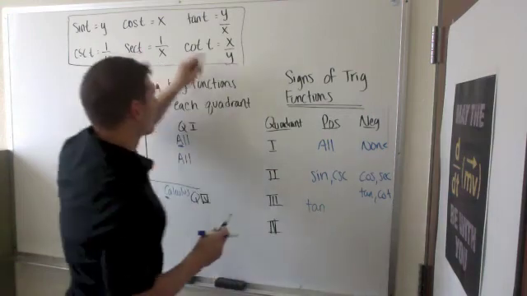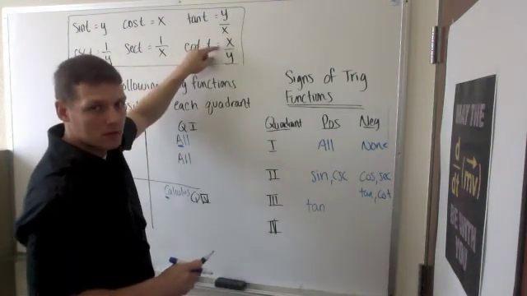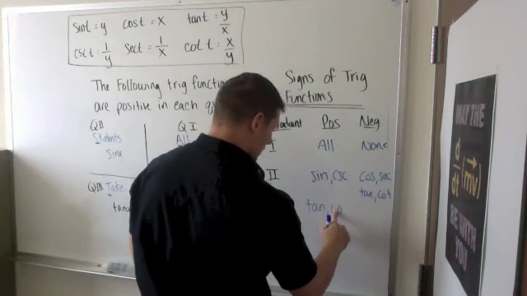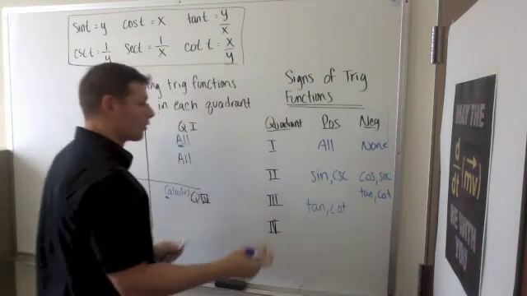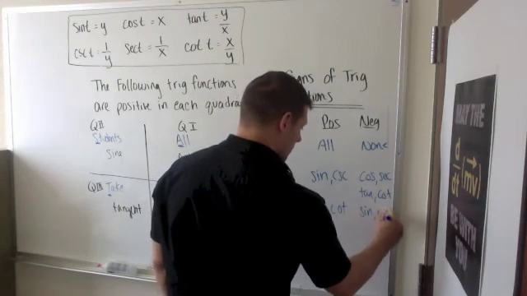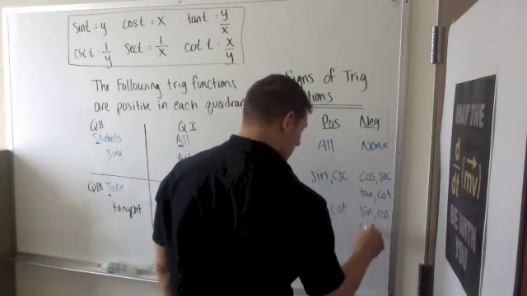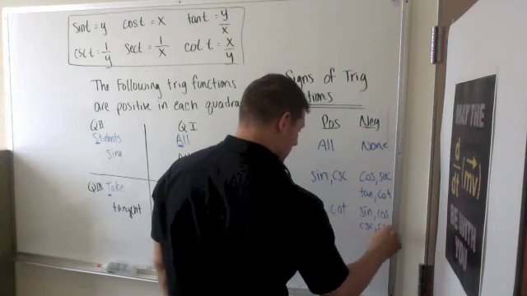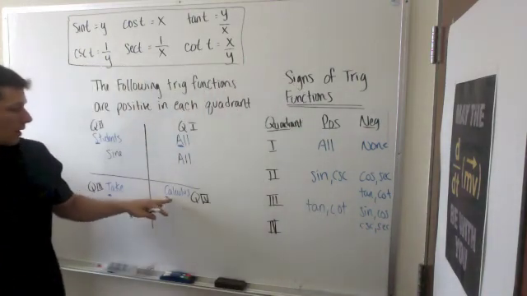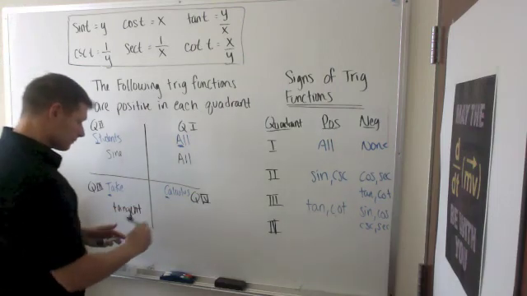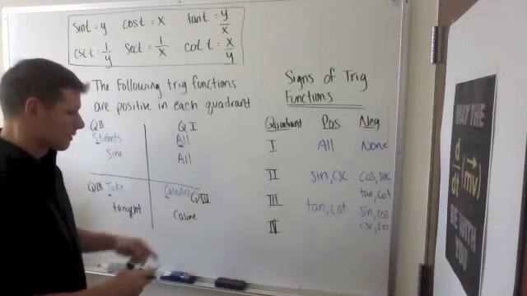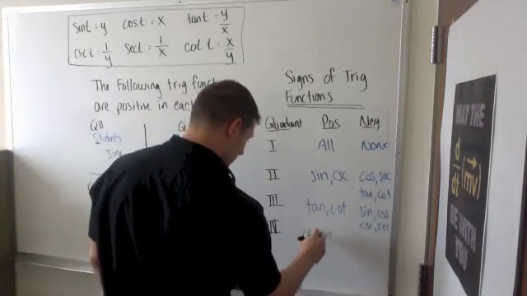The quotient y over x is positive. Therefore, x over y is positive. Therefore, cotangent is also positive. All the rest are negative: sine, cosine, cosecant, and secant. And then finally, quadrant 4, calculus, cosine. So cosine is positive here.